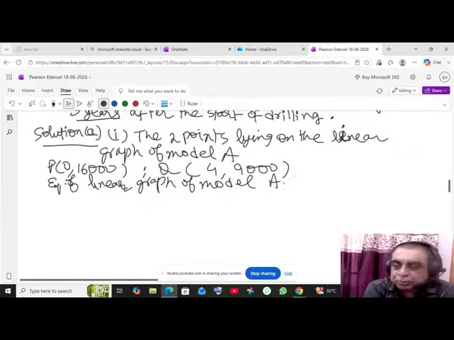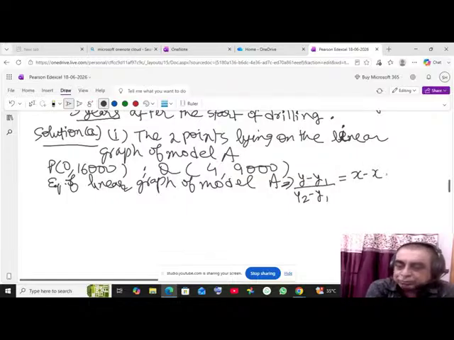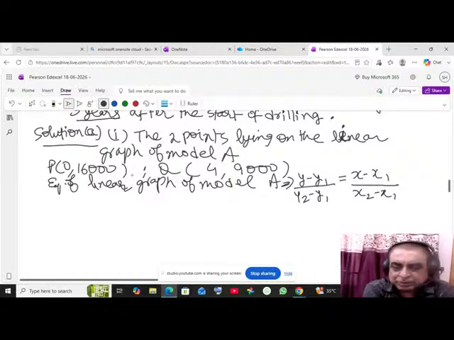This is the formula for finding the equation when 2 points are given: (y minus y1) divided by (y2 minus y1) equals (x minus x1) divided by (x2 minus x1), where x1, y1 and x2, y2 are the coordinates of the 2 points.